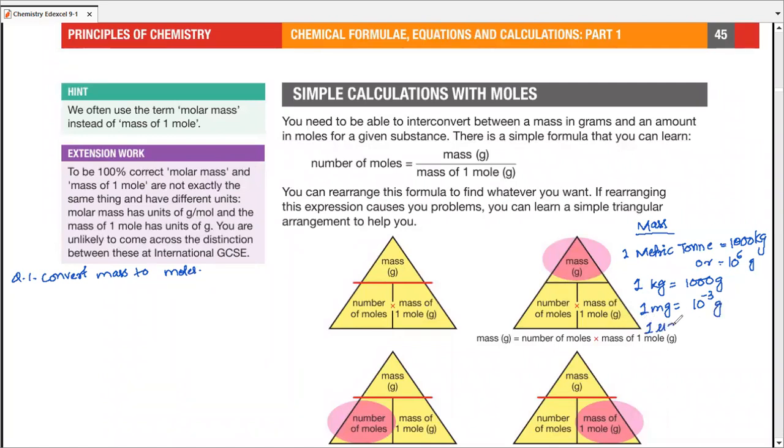And 1 microgram is 10 raised to power minus 6 grams. So I've told you bigger units of grams and smaller units of grams so that you can do the conversion whenever and wherever required. Make sense?